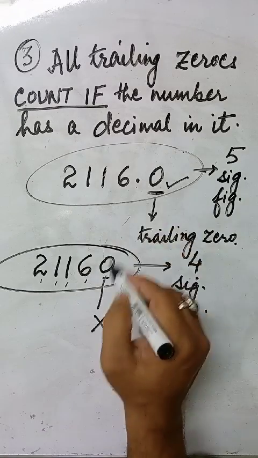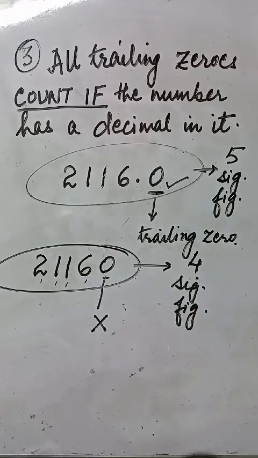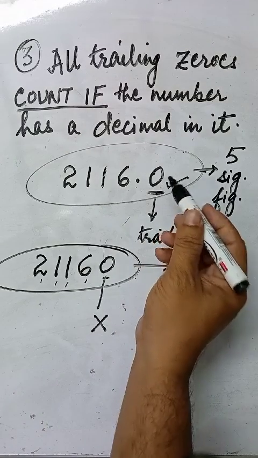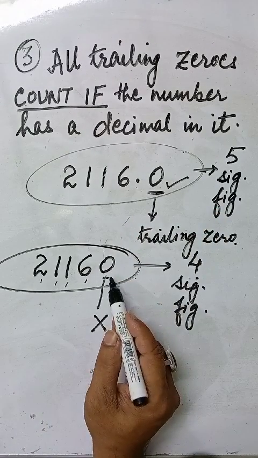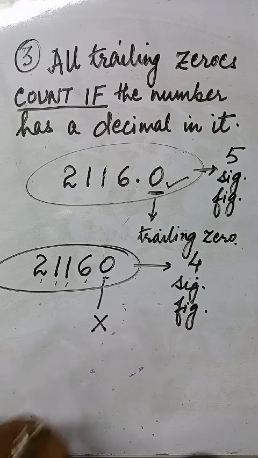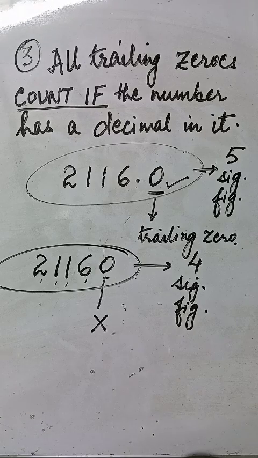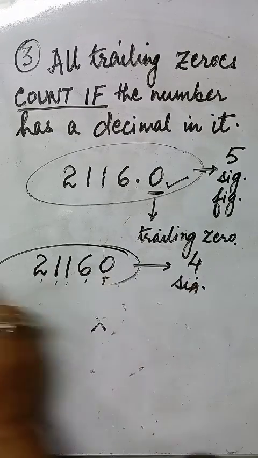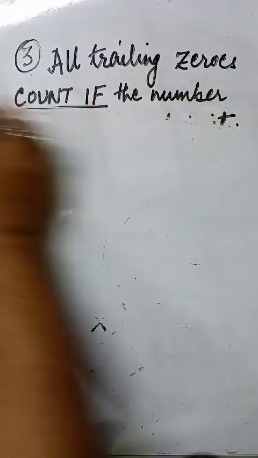Okay, so this is a very good example where in one case a trailing zero is being counted, and in another case the trailing zero is not being counted in the significant figures. Now comes that last rule in which you can have a zero in between the non-zero digits. So that will be the captive zero case. Let me take up that case also, which is the last case.